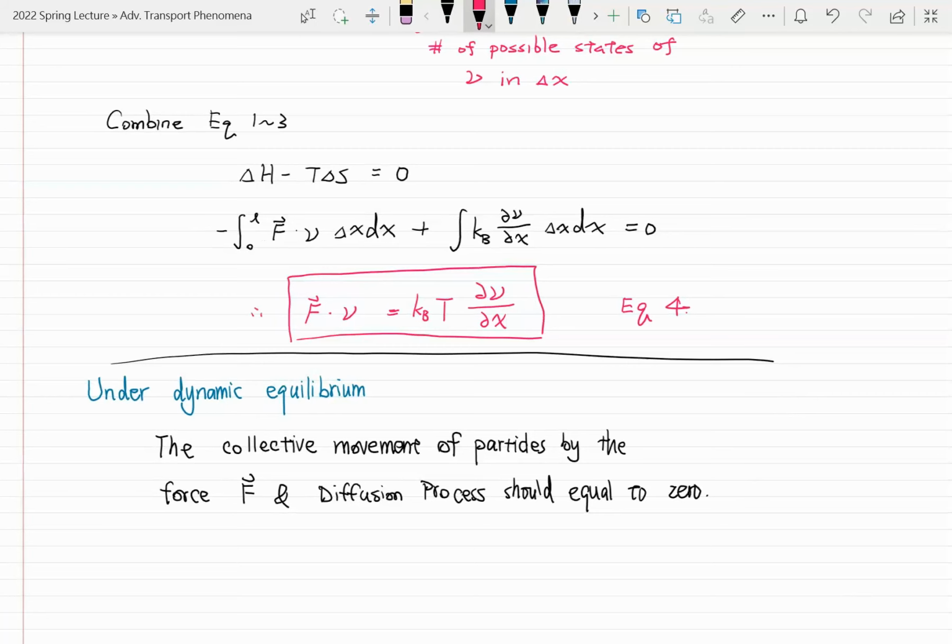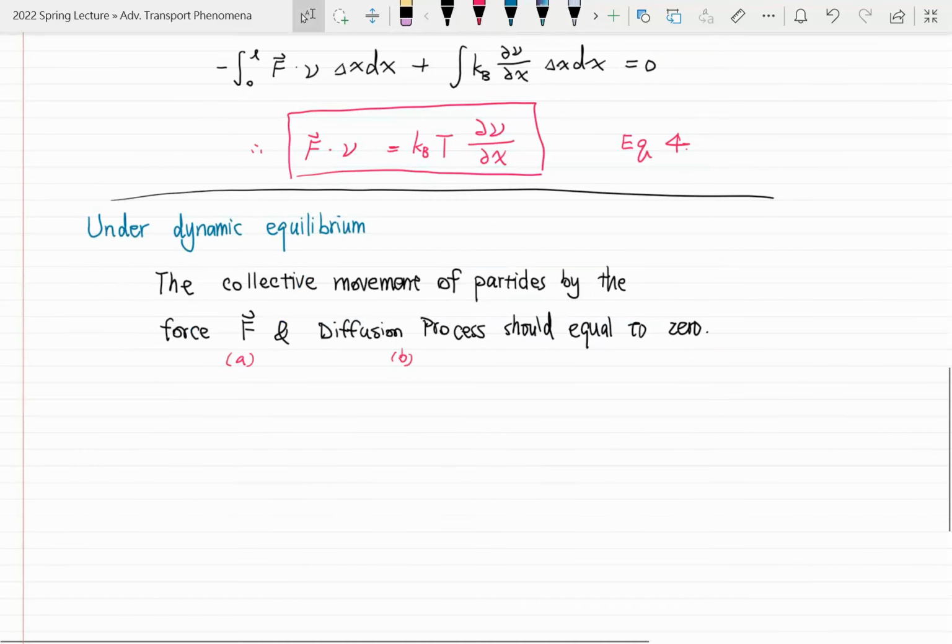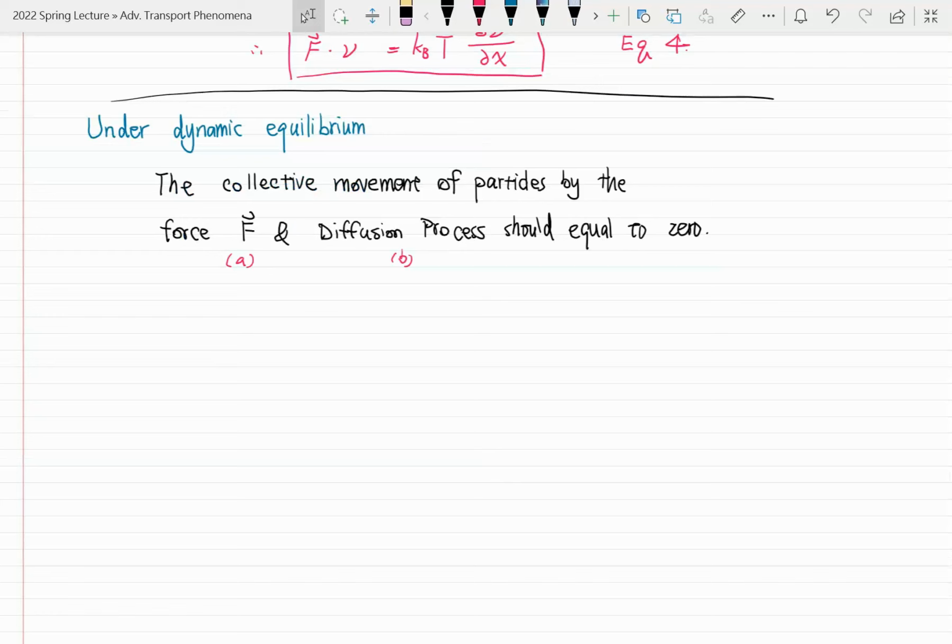So let's call the first one A and diffusion B. Let's take a look at the movement of particles due to the exerted force F. First, let's look at the velocity of a single particle.